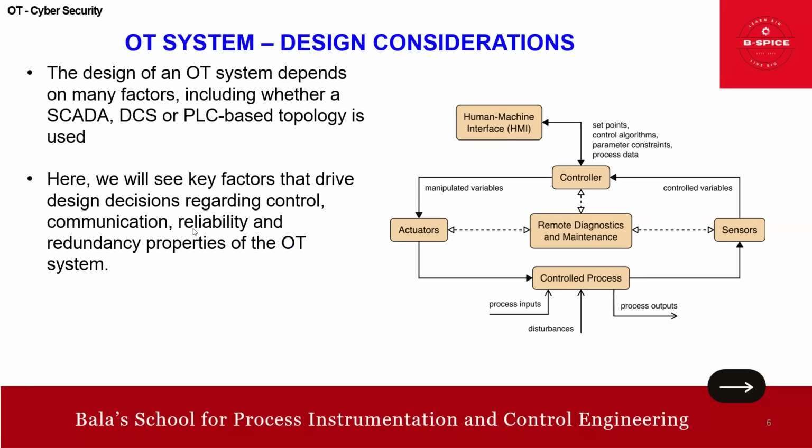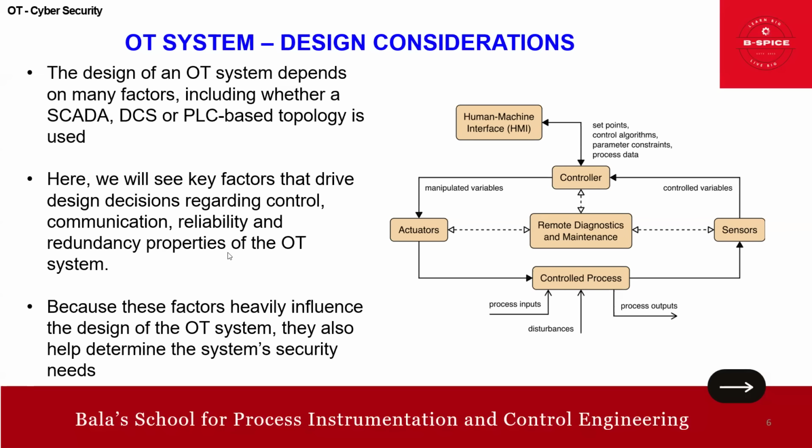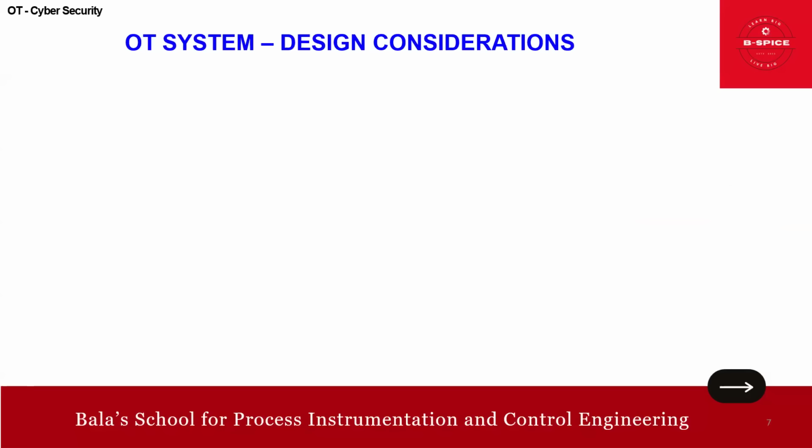These are the key factors that drive design decisions regarding control, communication, reliability, and redundancy properties of the OT system, because these factors heavily influence the design of the OT system. I hope you agree. They also help to determine the system security needs. Okay, let's see them one by one.